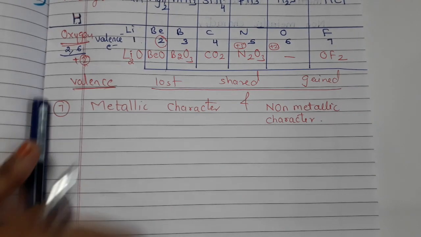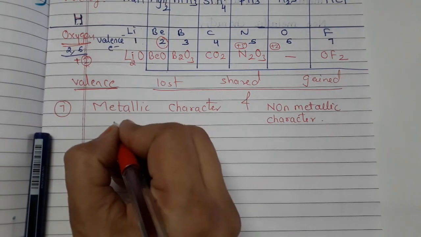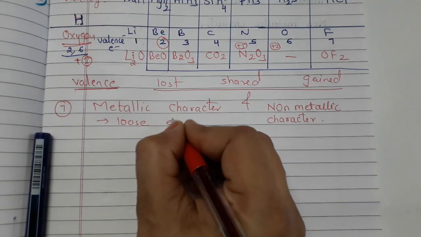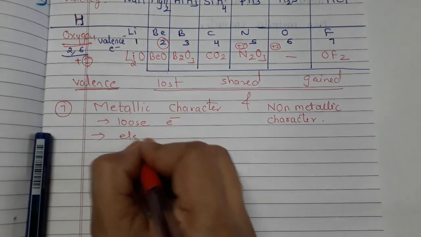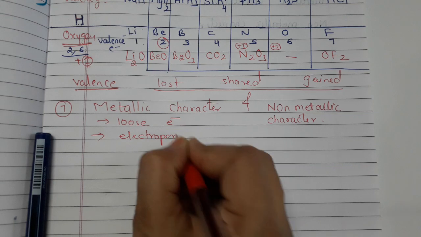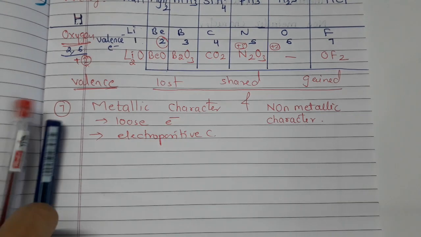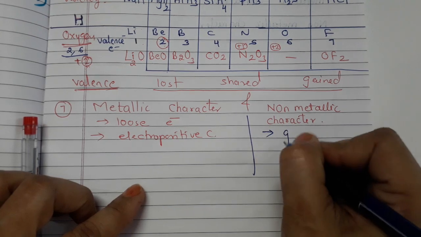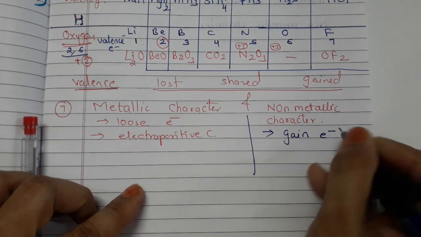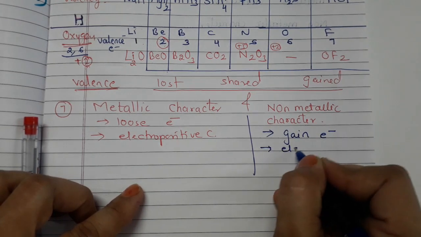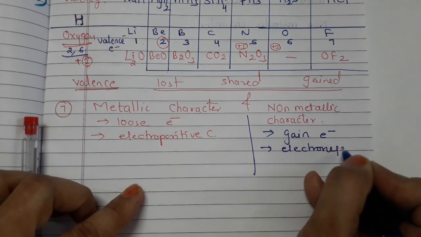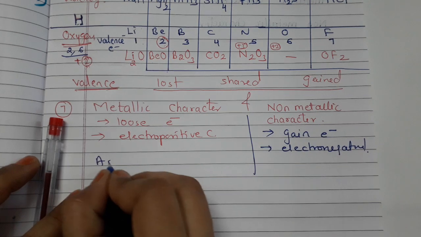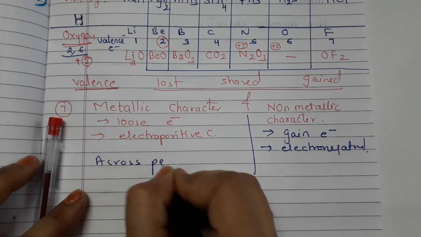Now the meaning of metallic character. Tendency to lose electrons is also known as electropositive character. So metallic character is this. What is non-metallic character? Non-metallic character is the tendency to gain electrons, and this is known as electronegativity. Now we are going to discuss what happens across the period.